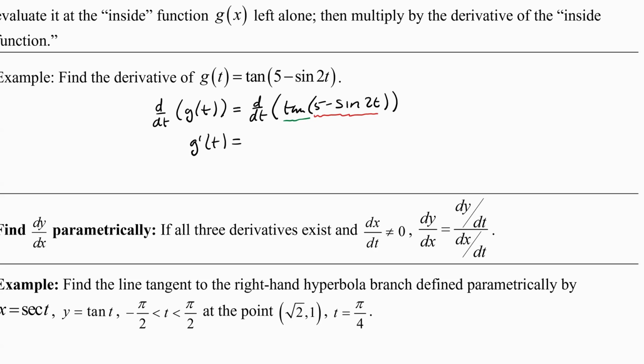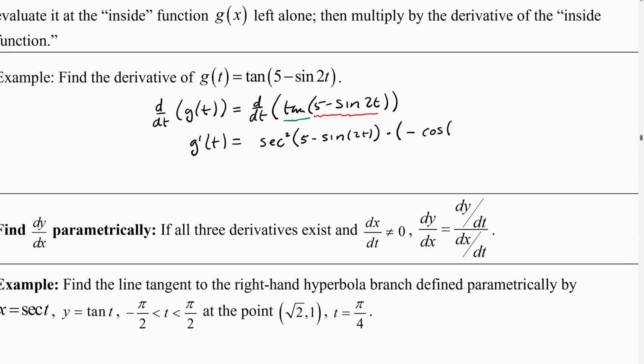Well, from the earlier lesson, we learned that that is secant squared. I leave this all the same, leave the inside the same. And then I follow this up with, what is the derivative of the inside? What is the derivative of 5 minus sine of 2t? Well, the derivative of 5 is 0. I'm not even going to write it. Negative, the derivative of sine is cosine.